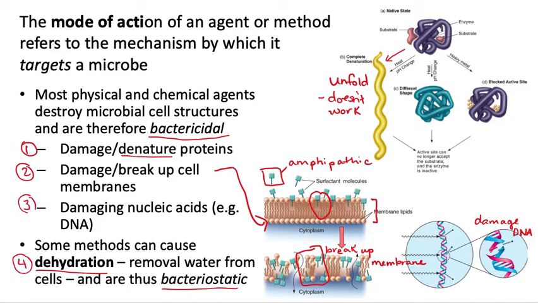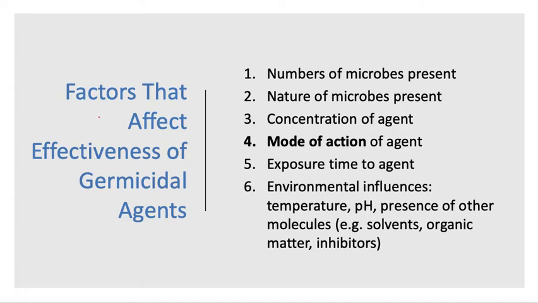All right, so before we get into the specific methods, I want to talk about things that we think about when we're choosing a germicidal agent and things that will affect how effective that agent is. The first thing is the number of microbes present. You can probably imagine that if there are more microbes present on a surface, then the agent is going to be less effective.